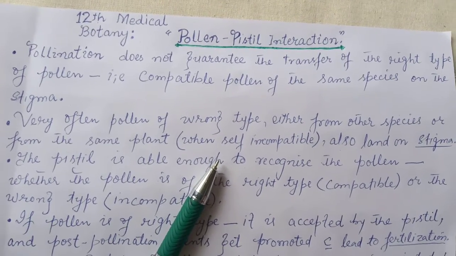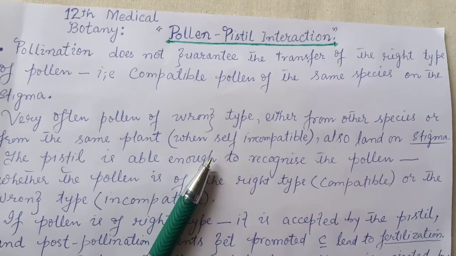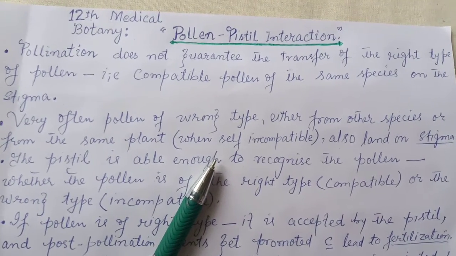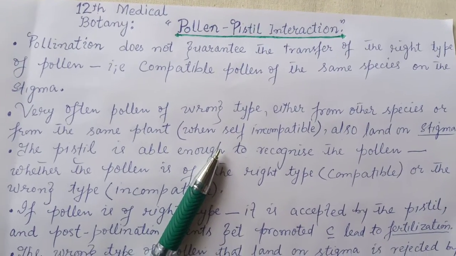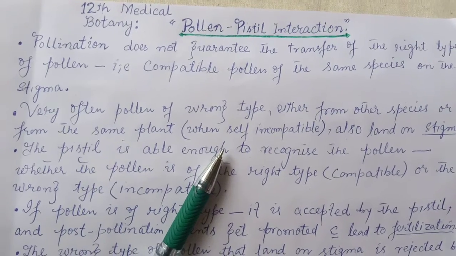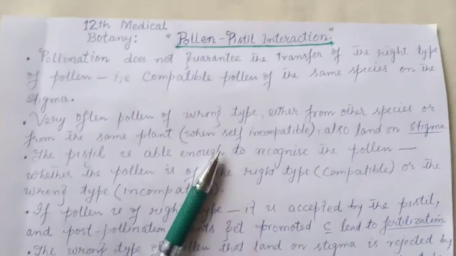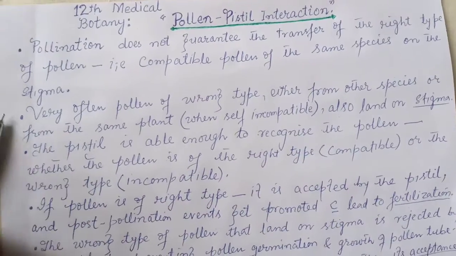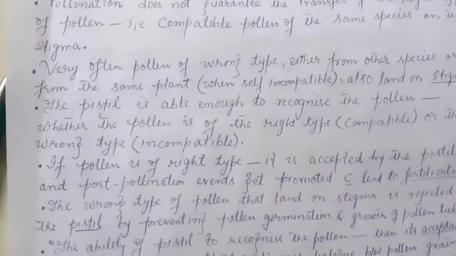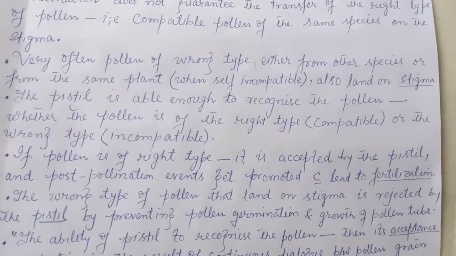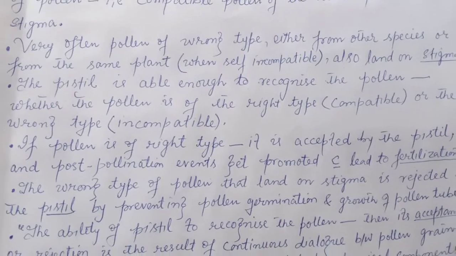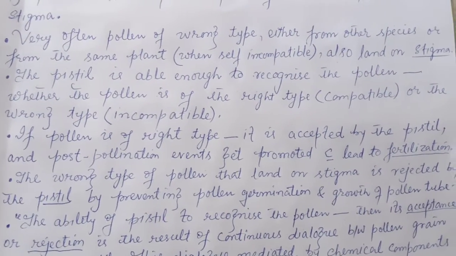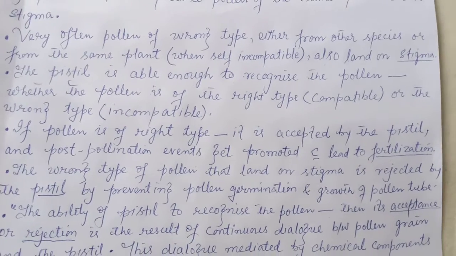The pistil is capable enough to recognize the pollen, whether it is of the right type, that is compatible, or of the wrong type, that is incompatible. If the pollen is of the right type, it is accepted by the pistil and post-pollination events get promoted, which lead to fertilization.